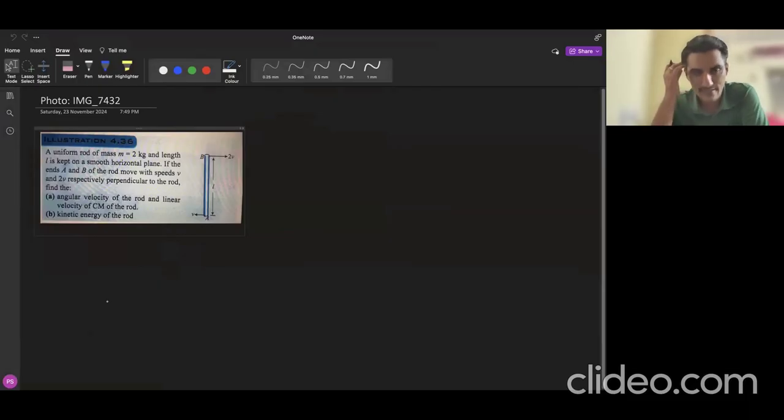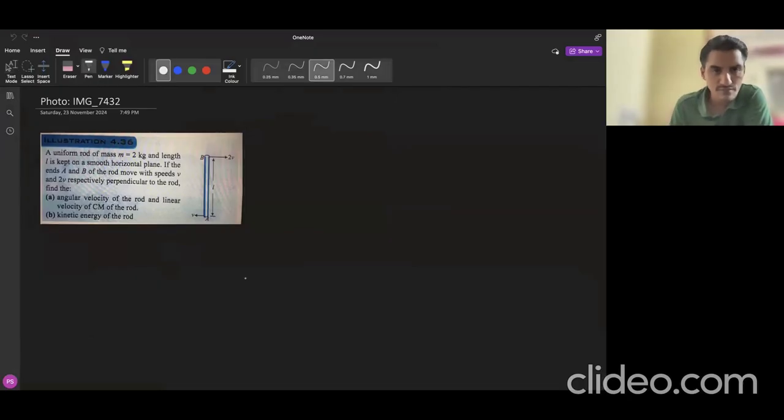First, let us discuss how to find the angular velocity of the rod and the linear velocity of the center of mass of the rod. For that purpose, let me draw the rod.